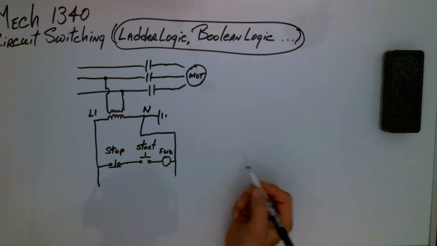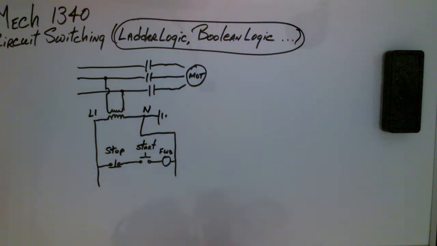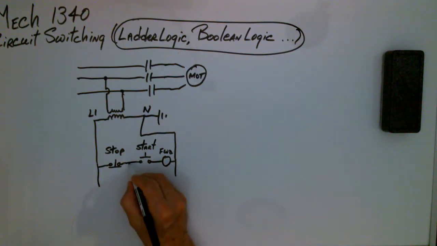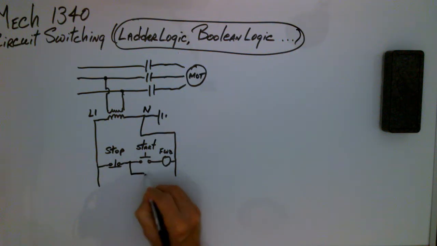Now then, I think you guys are going to find yourselves familiar with this. You've seen it before, but let's press forward with this thing. So I have a latching contact or a sealing contact, whatever you like to call it.